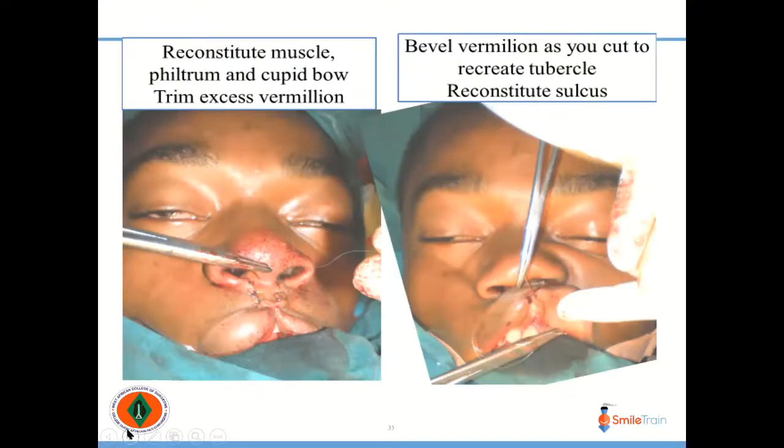Now, you should bevel so as to create a tubercle, and this helps to reconstitute the sulcus. If that doesn't happen, and I'll show you one patient where that didn't happen, you will still have the teeth showing even after the repair. Next.